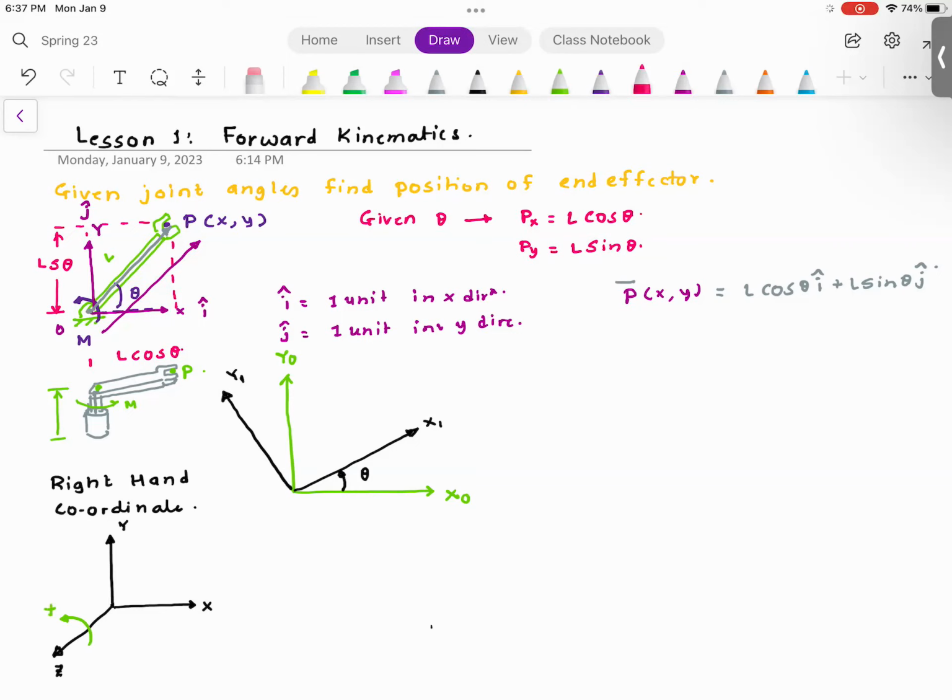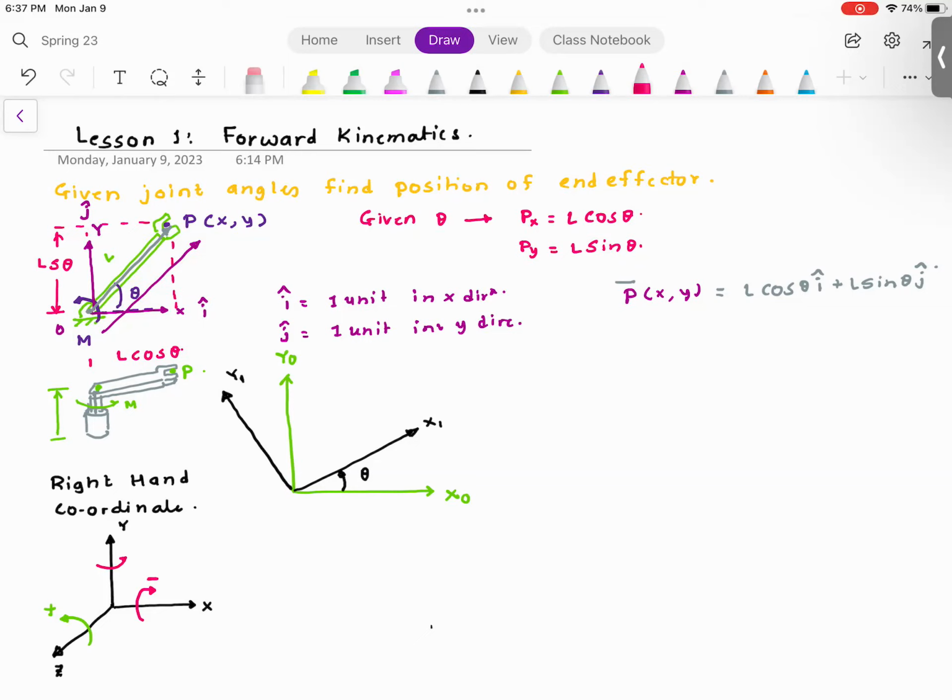If X is like this, curl your fingers in the direction of rotation. Can you see my thumb is opposite to X, which means this is a negative rotation. Are you with me so far? So this is negative. Curl your fingers, and I'm going to show it something like this. Here, curl your fingers in the direction of the rotation.